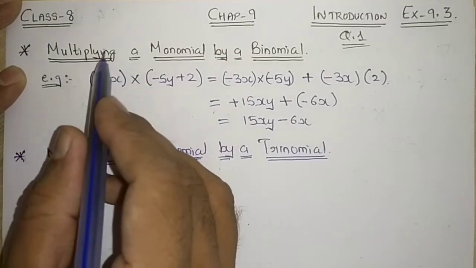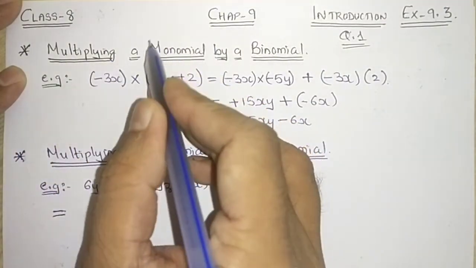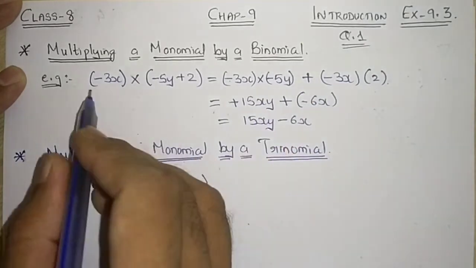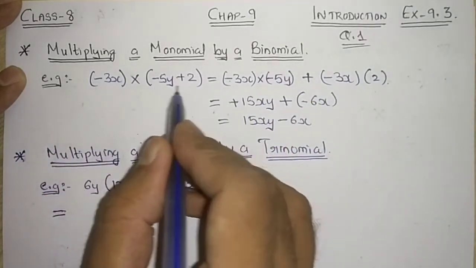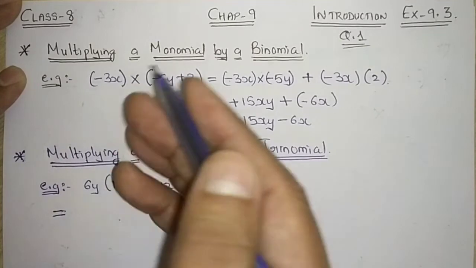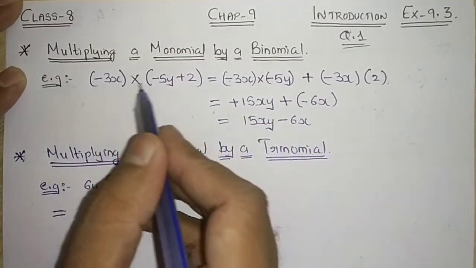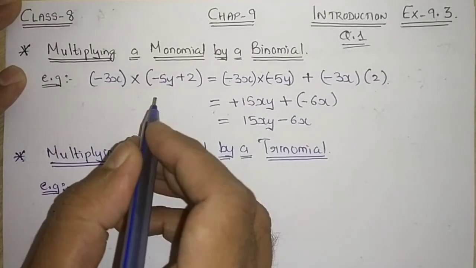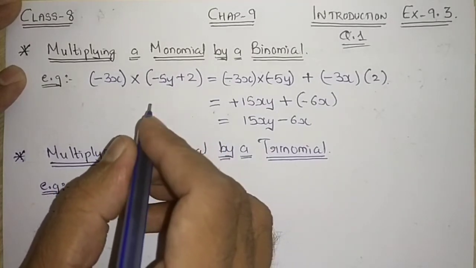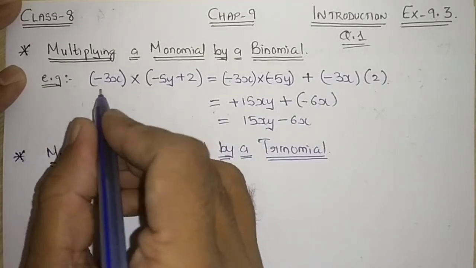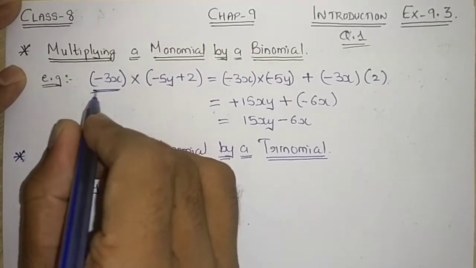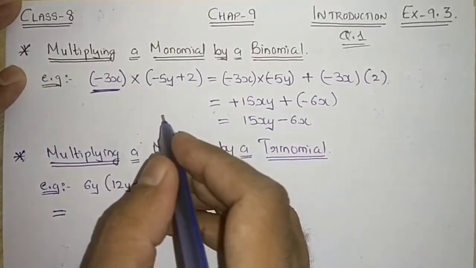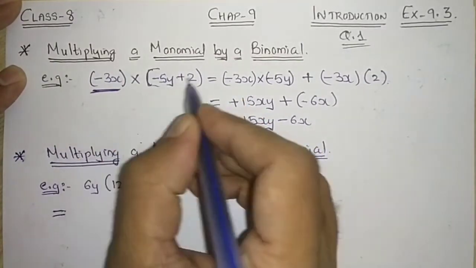The first is how to multiply a monomial by a binomial. They have given you one monomial and one binomial, and they tell you to multiply it. Then how will you multiply? Consider the monomial is one chocolate you want to give to one class.